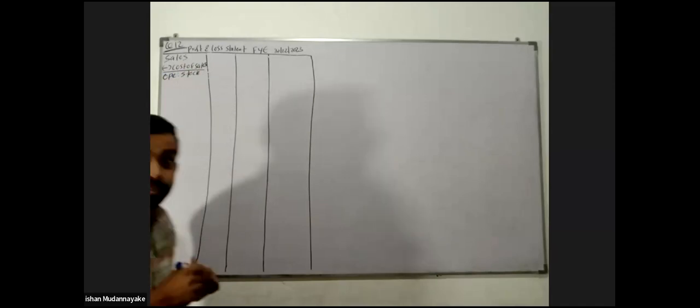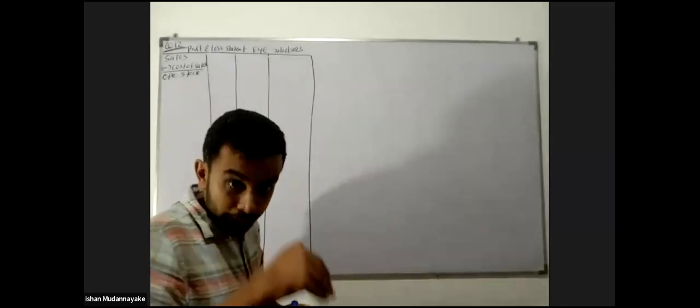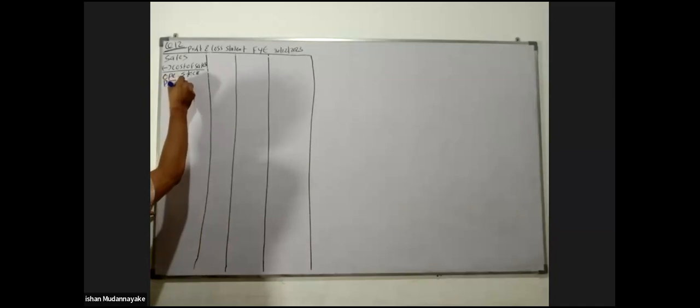If you don't have any idea regarding the profit and loss statement, here we have sales, minus cost of sales, and then opening stock. Opening stock is what we can sell in this financial year, and then purchases. Leave at least 2 or 3 lines, and then write down minus closing stock.